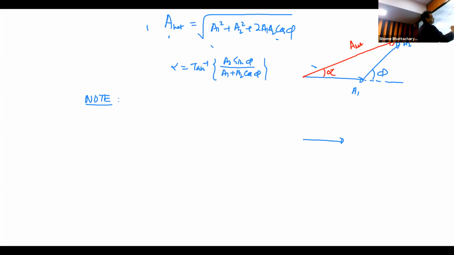If this is your A1, then your A2 will be along the same line in the same direction. So your net amplitude, as you can see from the phasor diagram, reaches the value of A1 plus A2. So this is the condition when phi is 2n pi, where we have constructive interference.